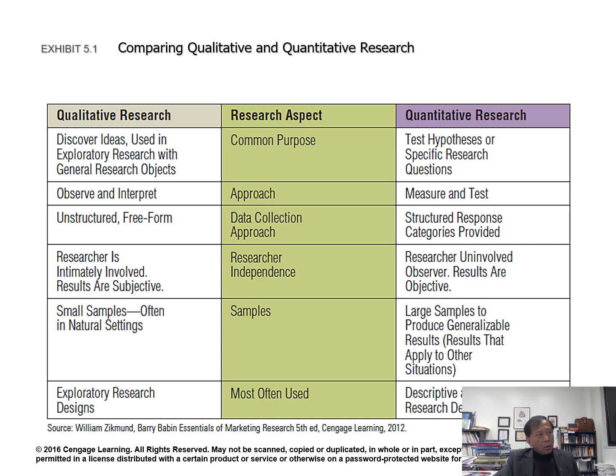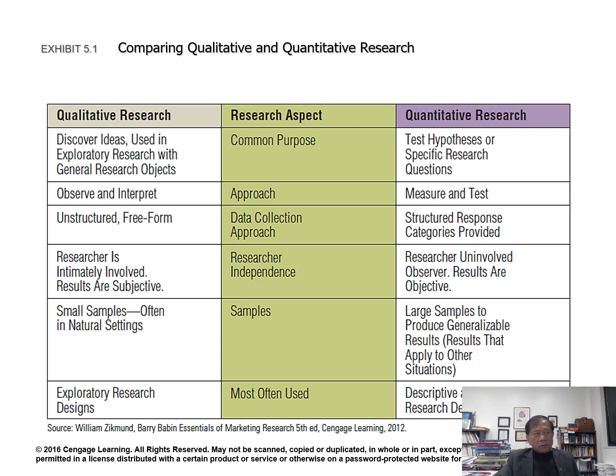Researcher independence: the qualitative researcher is intimately involved, and results are subjective. The quantitative researcher is an uninvolved observer, and results are more objective.